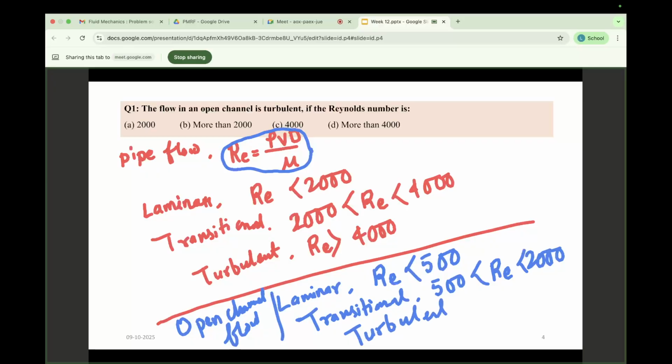And for turbulent, the Reynolds number should be greater than 2000.